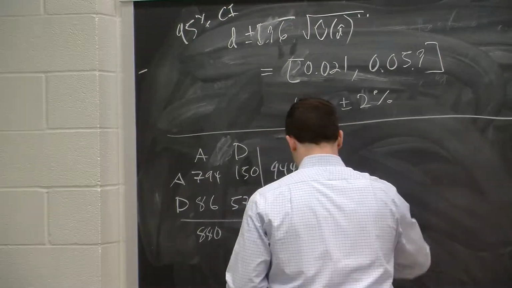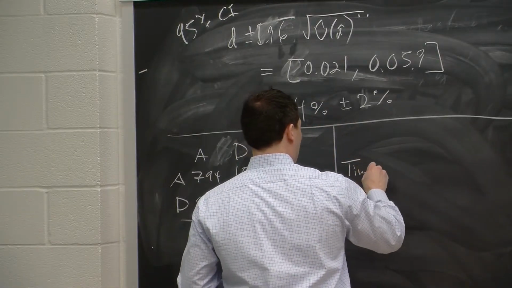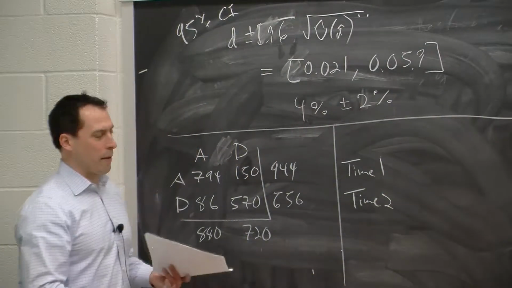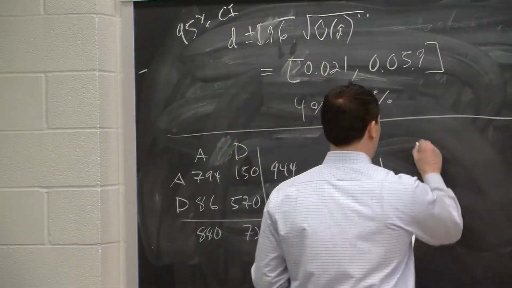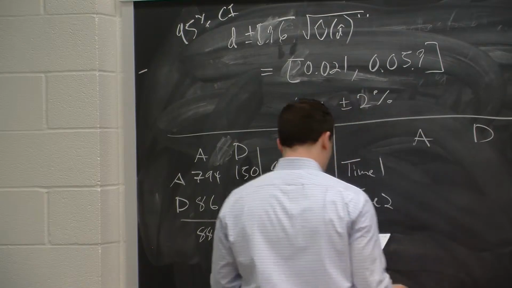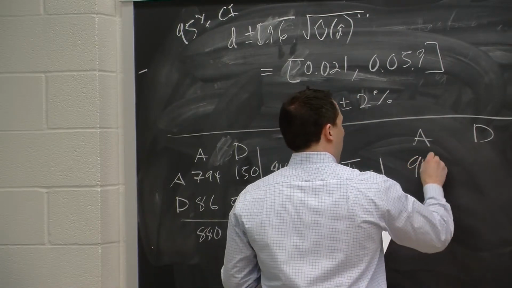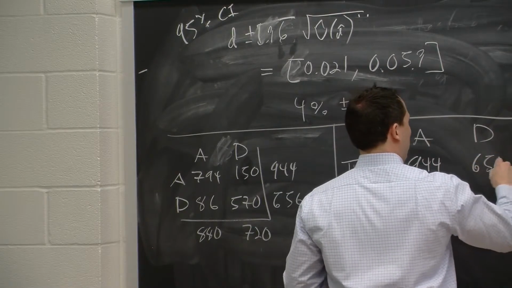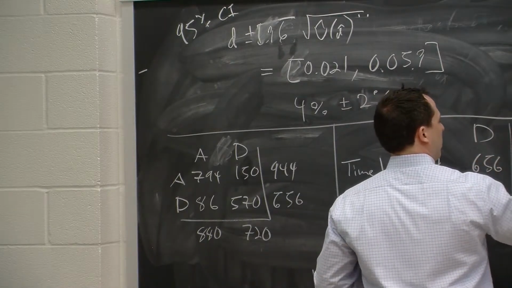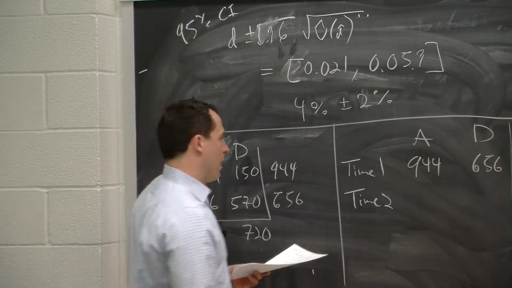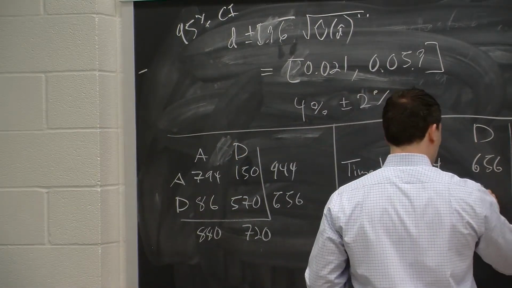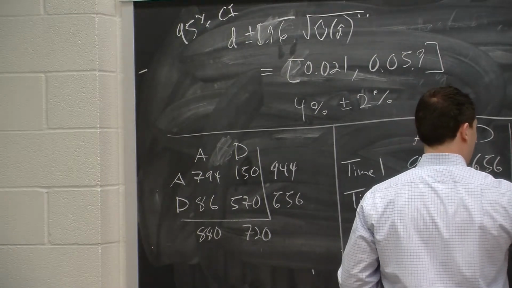Right? So if we think about it as happening the other way, with two cross sections, I have a time one and a time two, and I'm calling two completely separate independent groups. At time one, a total of 944 people approved and 656 disapproved, and there were 1,600 in the sample. At time two, 880 approved and 720 disapproved, and there were 1,600 in the sample.